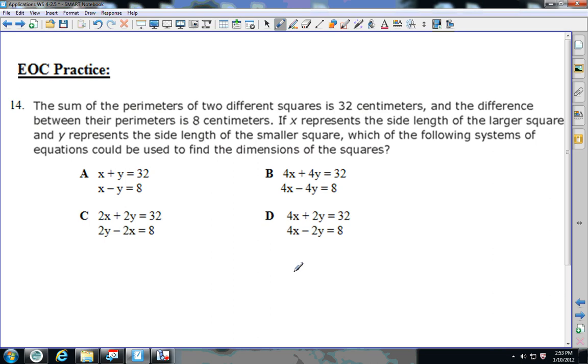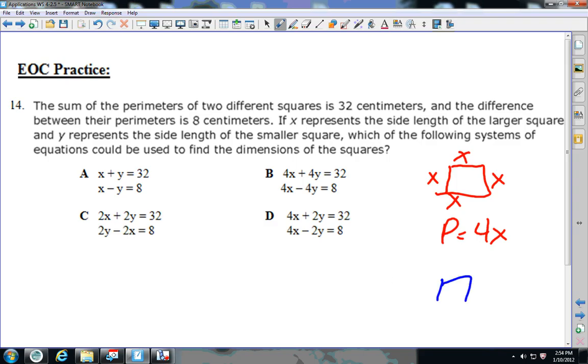Well, what's true about squares? All of the sides of a square are equal. So if we're talking about the perimeter, the larger square's side is x. You add up all your x's, and your perimeter is 4x.